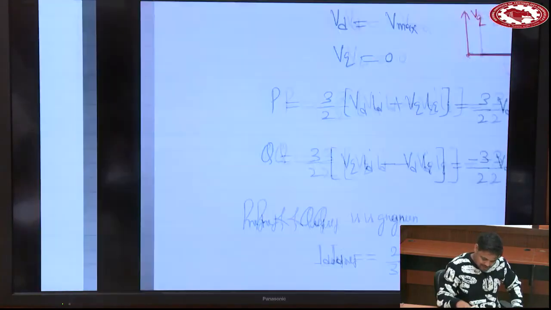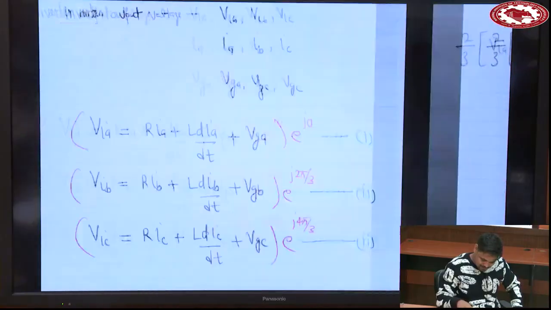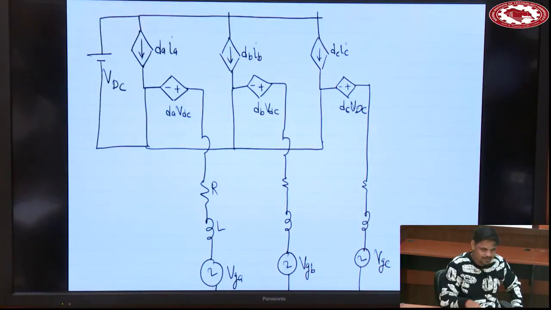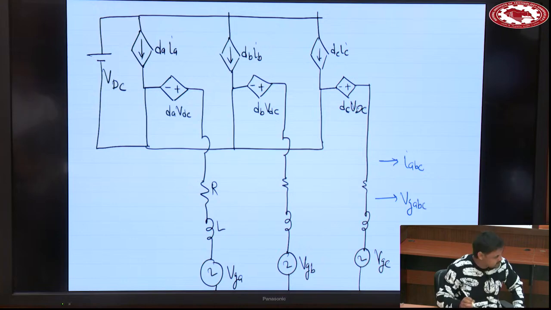So in our simulation, this is going to be the system. We are sensing. What do we need to sense? IABC, VGABC, VDC.